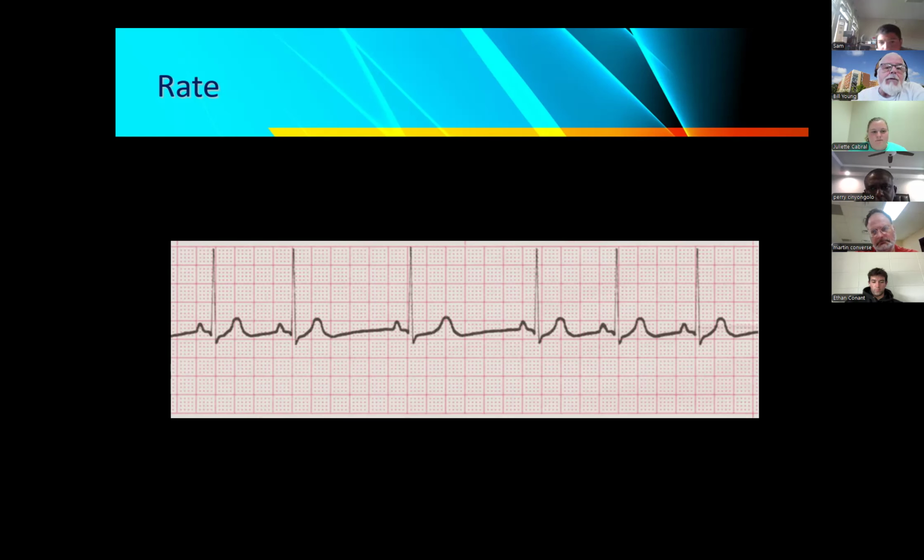We got to look at this progression of this R to R interval here. And then we look at the progression of this R to R interval here. And then we look at this progression of this R to R interval. And then immediately we come right back over here. Now, Juliet, tell me what you see in that progression.